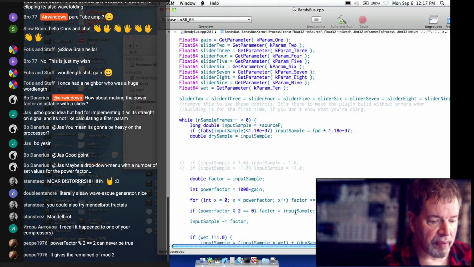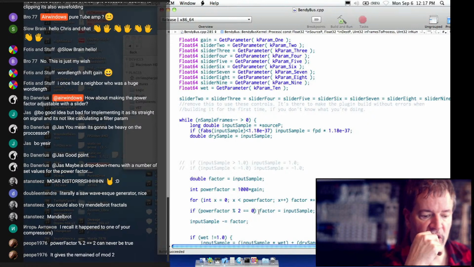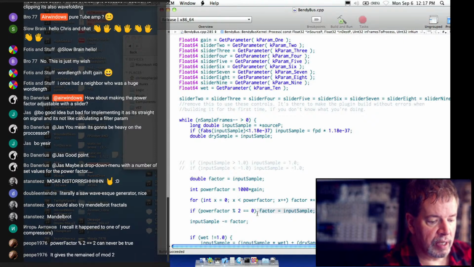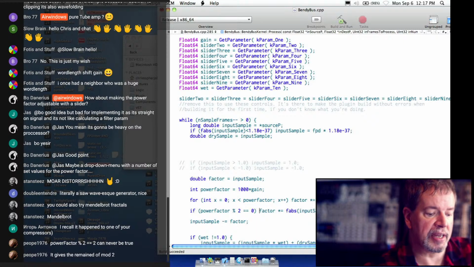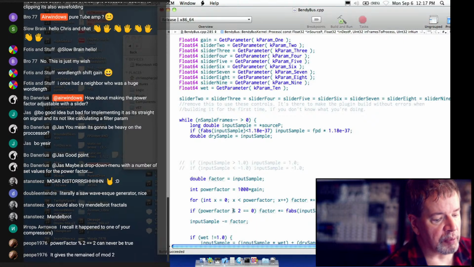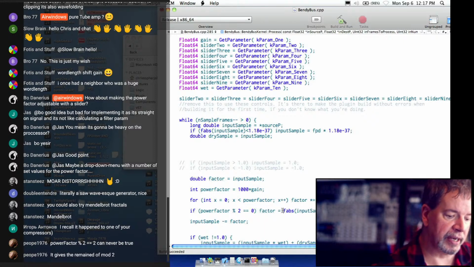Therefore, this should do something. Maybe it's a combination of things. I had tried that last thing with power factor mod 2 equals 2, which can never happen. So let's find out whether going back and doing it again.